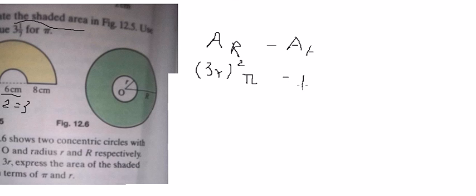And we have small r, multiply with pi. So you got 9r squared. We have the square in here. Minus r squared pi. So you got 8 r squared pi.